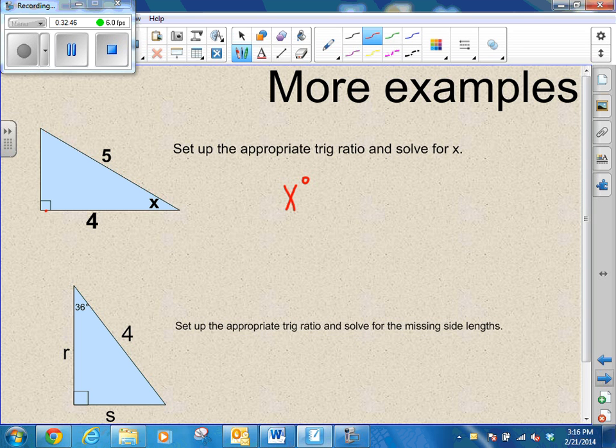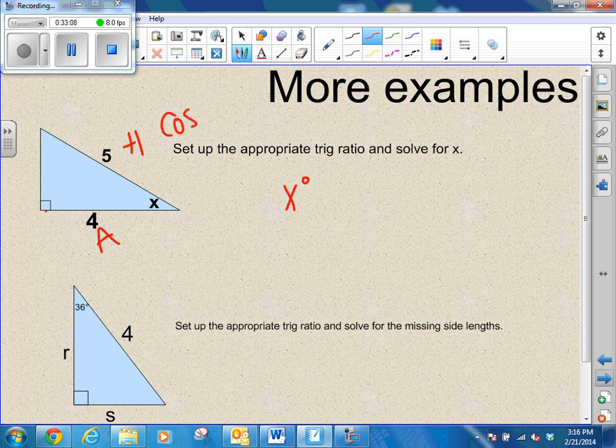What sides have I been given to solve for x? Hypotenuse and adjacent. A, H, what function? Cosine. Okay, how do I set up my equation now? I have to have 3 things.